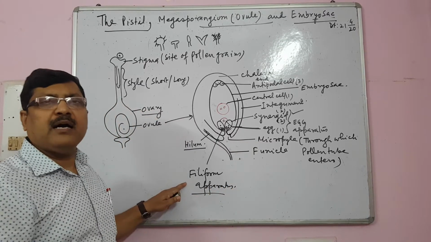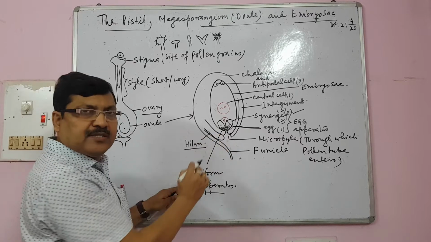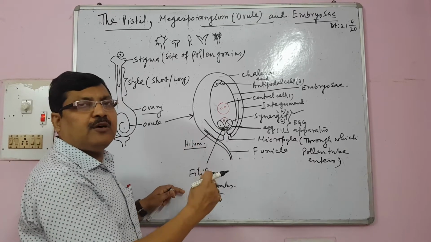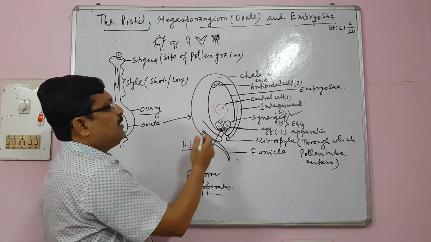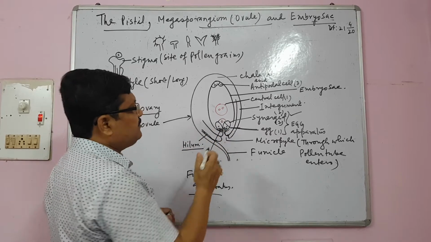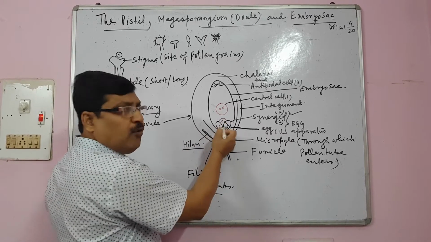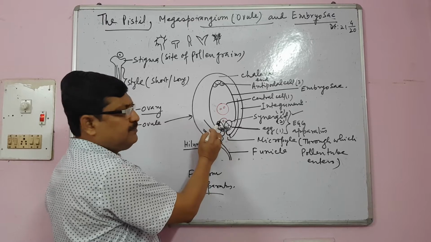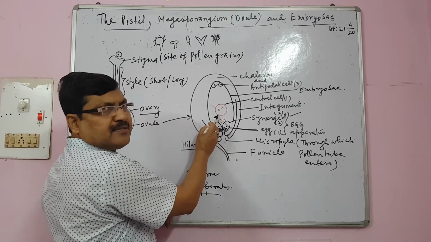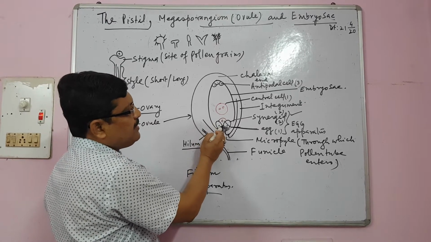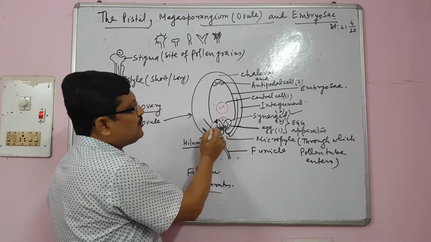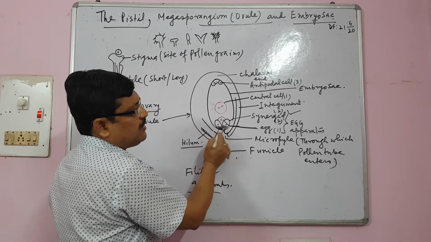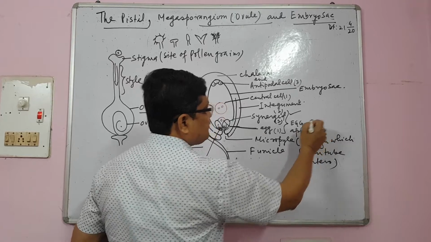This filiform apparatus helps in the entry of pollen tube. It has been seen that the wall of the egg has on one side the central cell and on the other side the synergid cell. So this is the complete structure, the egg apparatus.